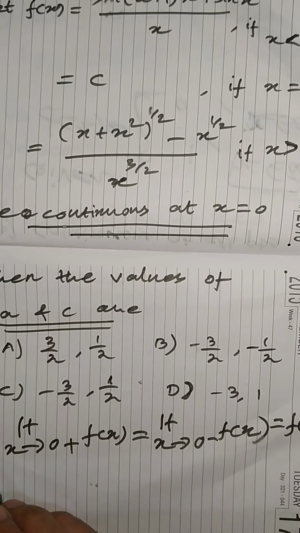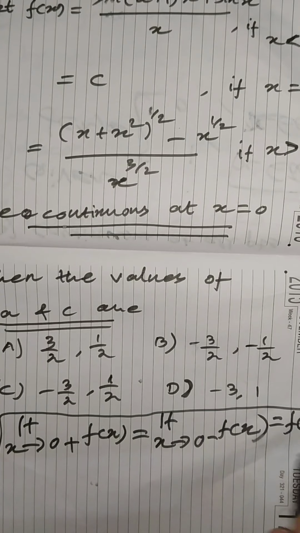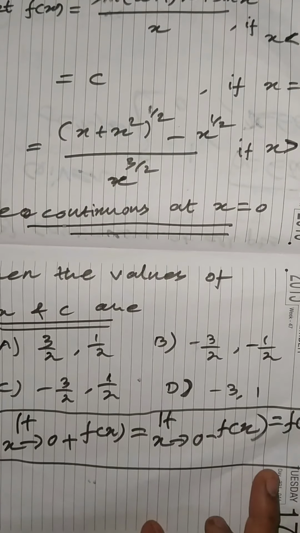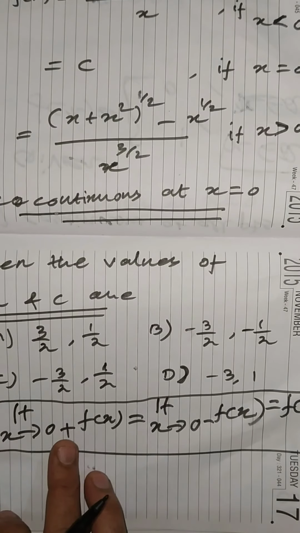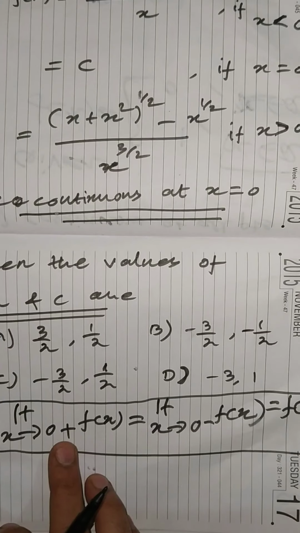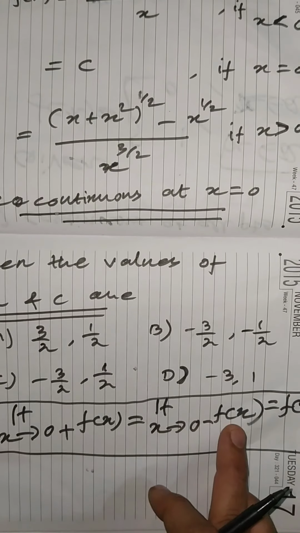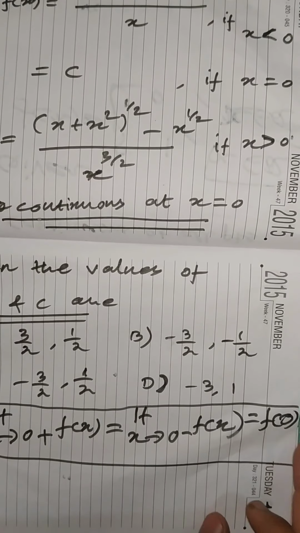So we know very well the continuity definition. A function is continuous at a point when the left approach of the function equals the right approach, which equals the function value.